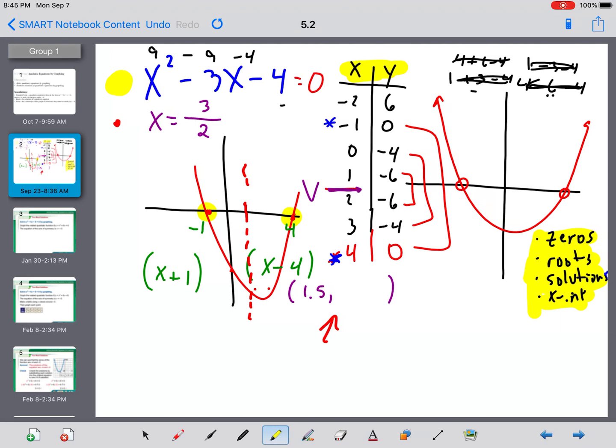But as we said, the zeros, roots, solutions, and x-intercepts are all the same. And so the zeros end up being here at -1 and +4.